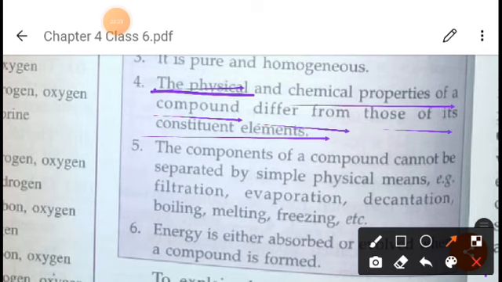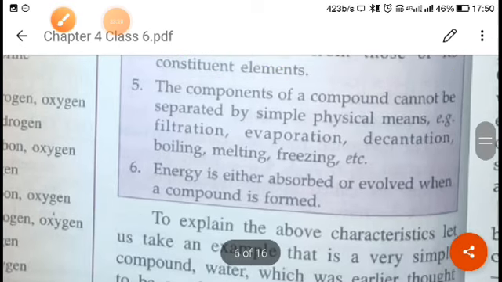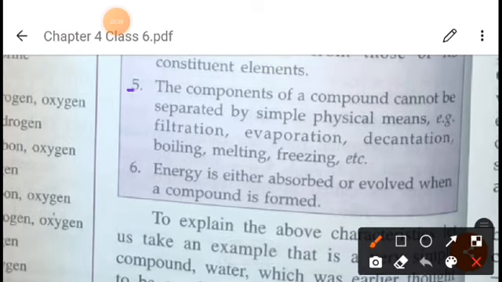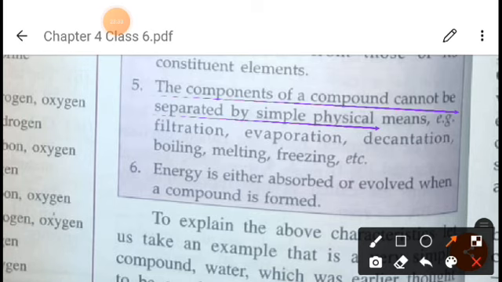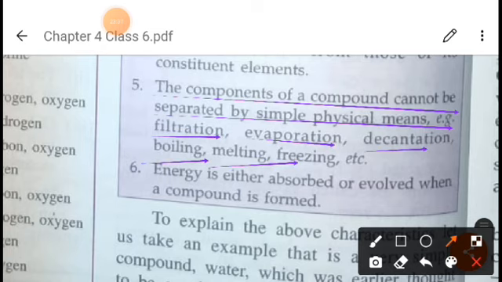Now again, the components of the compound cannot be separated by simple physical means. Examples: filtration, evaporation, decantation, boiling, melting, freezing.